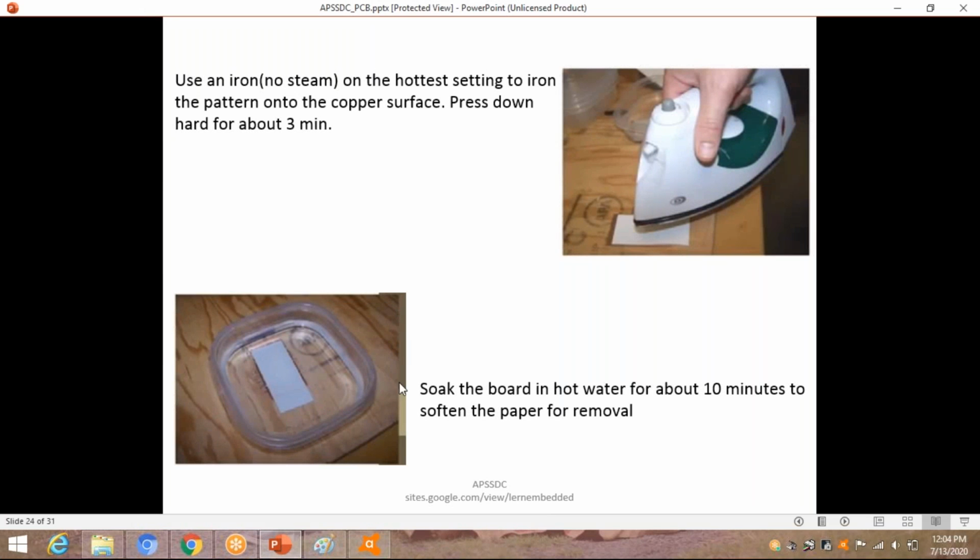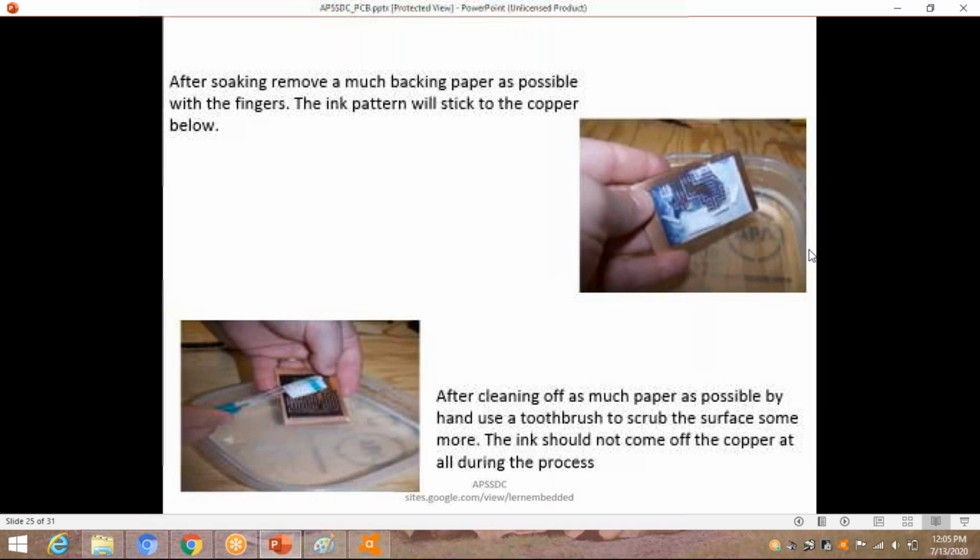And then after ironing, we need to keep that board in a bowl of water for 5 to 10 minutes. This is all the manual process where students and designers can work at home.